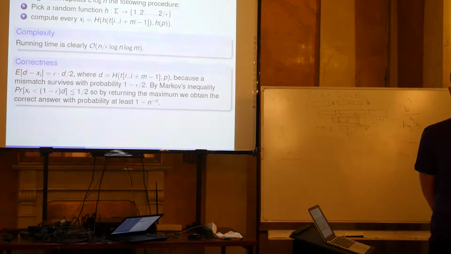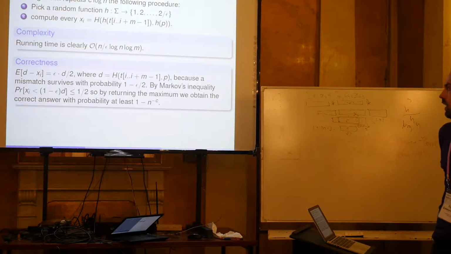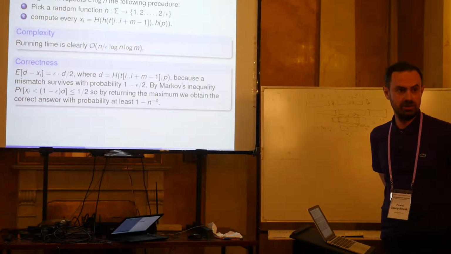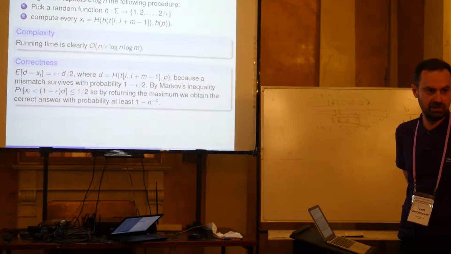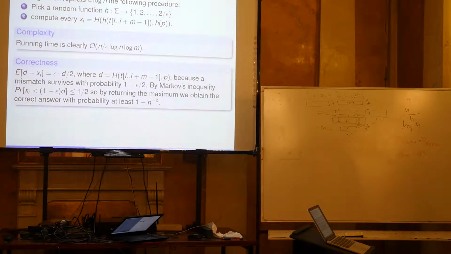So that's the real answer that we would like to obtain. And now let's calculate d minus xi. What's the difference between the answer and what we return? We want to bound this quantity.